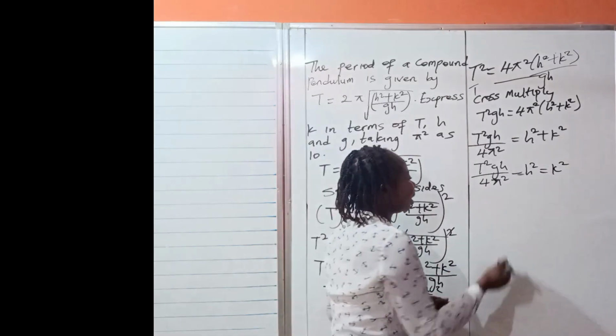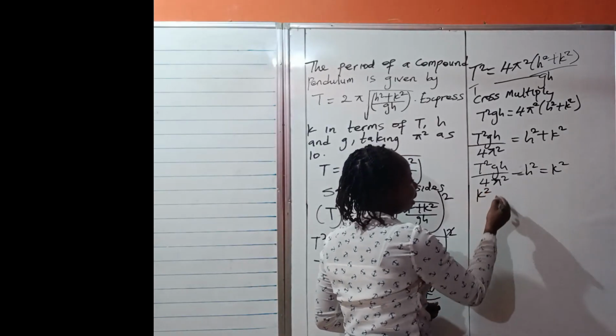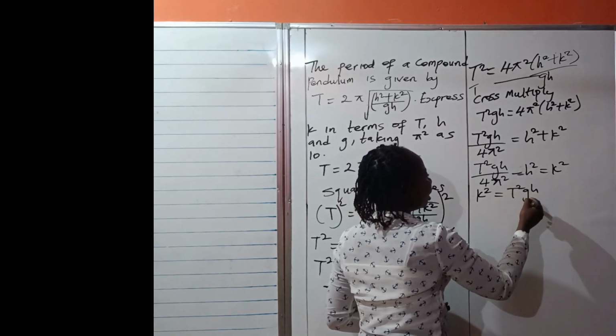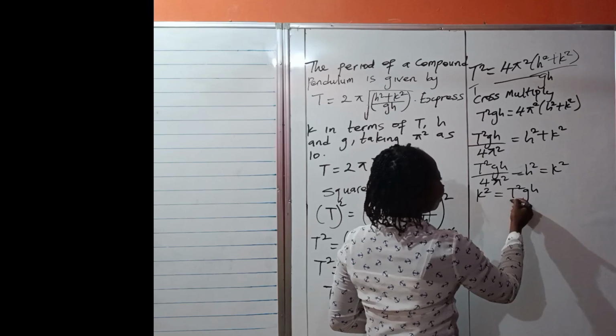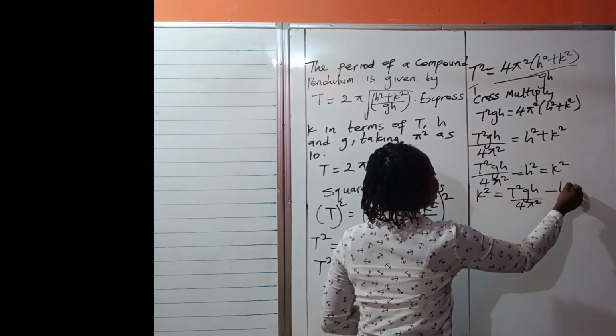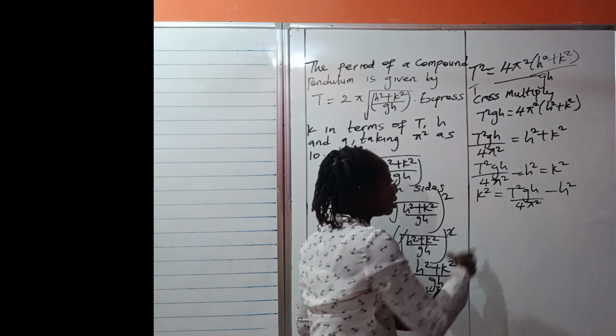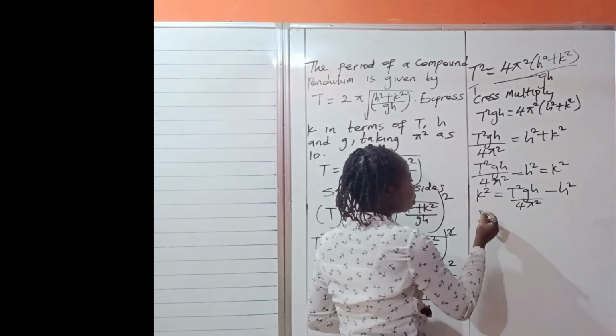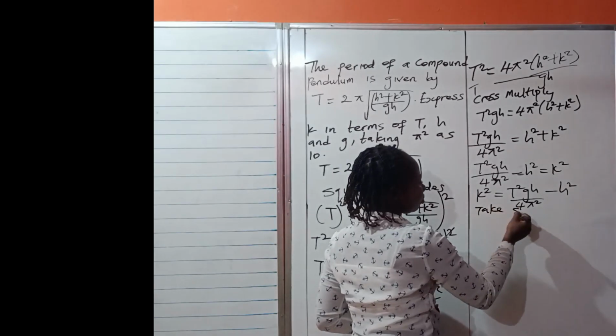So we can rewrite to have k squared equals T squared gh over 4 pi squared minus h squared. To eliminate the square, we will take the square root of both sides.